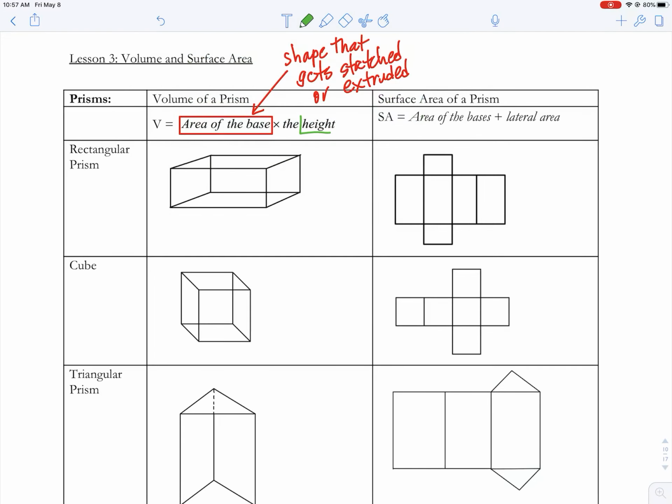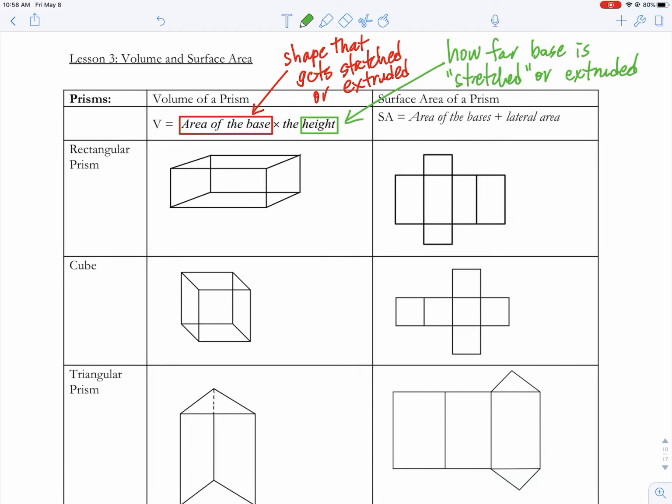It means how long that base shape is extruded or stretched. So height here is how far the base is stretched or extruded. So that's for finding the volume of a prism.